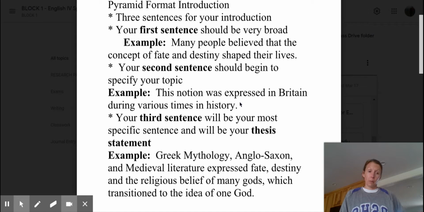So if you've solidified a topic, what you want to do is, as you're researching and using the tools I showed you yesterday, you should hopefully find some key elements that you want to focus on, whether it's an author's style.